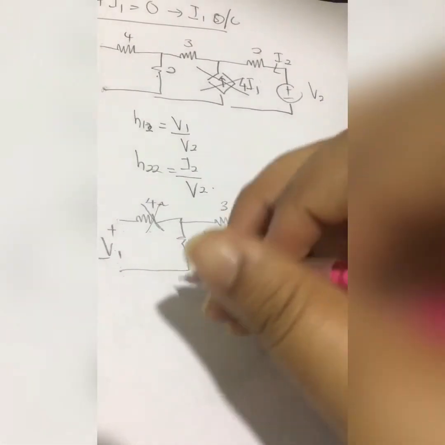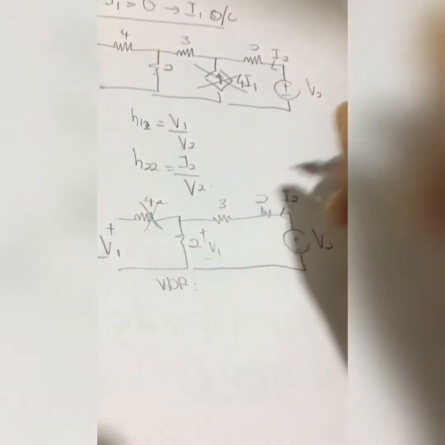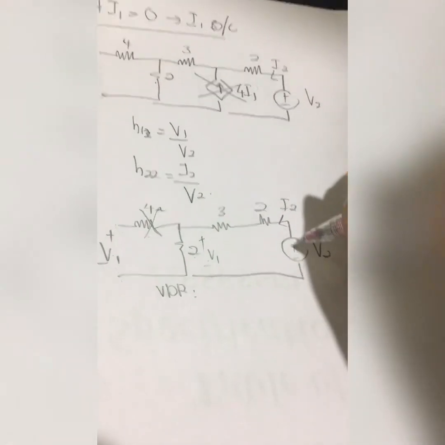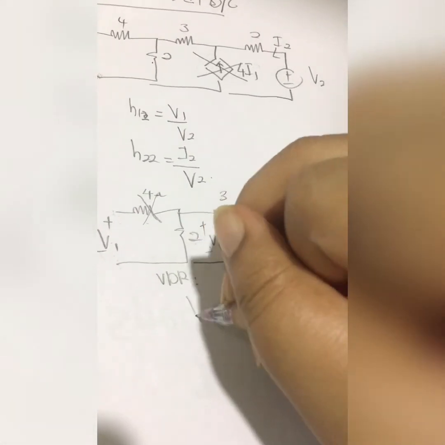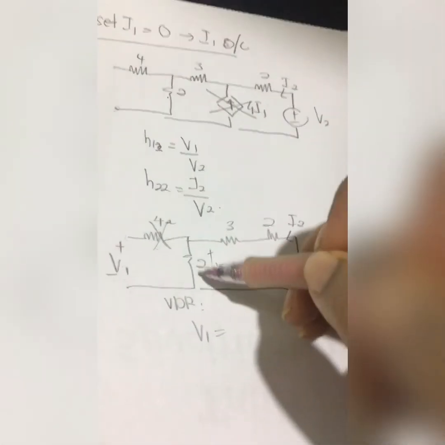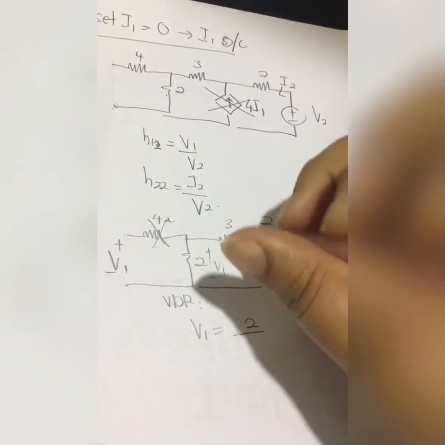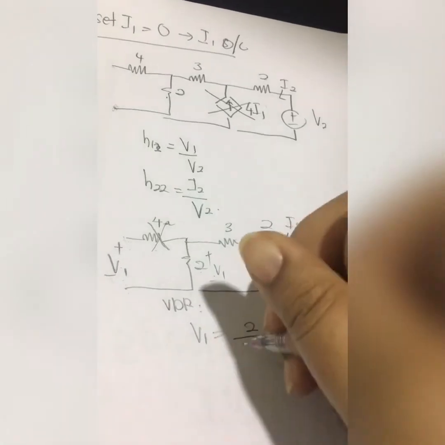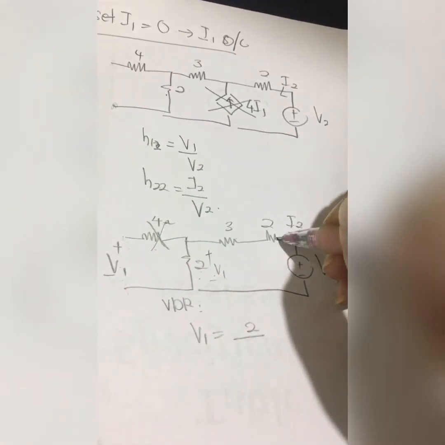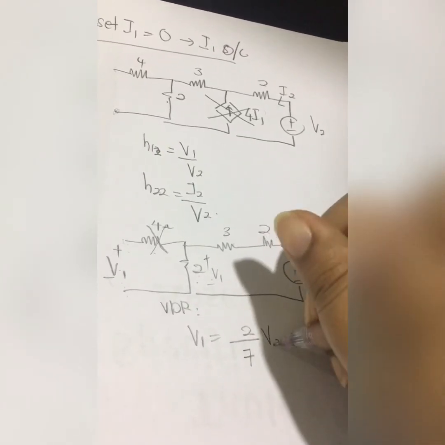So you can use the voltage divider rule. Since we already know this voltage here is equal to V2, we can apply it directly. Voltage V1 is equal to 2 divided by the total impedance. So 2 plus 3 plus 2, which is equal to 7, times V2.